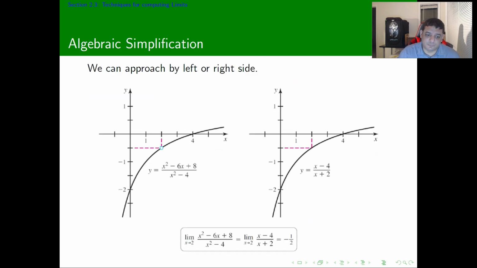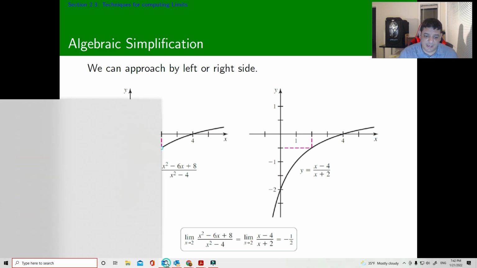Now, when we have rational functions, we can always factor and try to simplify them if needed, especially in cases where we have things like zeros in the denominator. The special case that I just showed in the previous exercise was called algebraic simplification, and this is going to be another example of that.